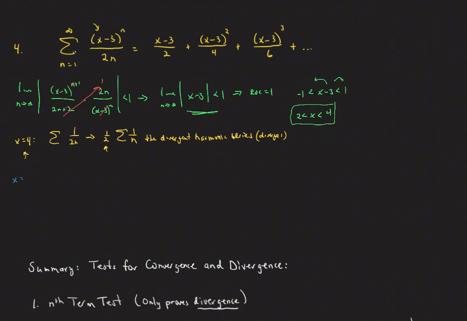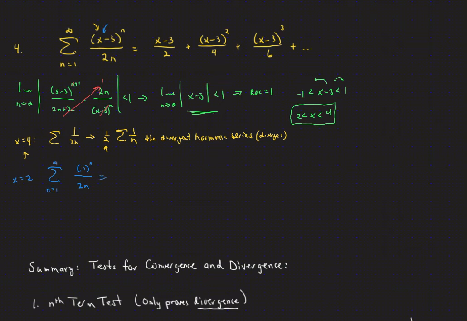So now we're going to look at the left endpoint. So now when we plug in 2, our series becomes 2 minus 3 is negative 1 to the n over 2n. So you may recognize this as an alternating series. So we're going from 1 to infinity.